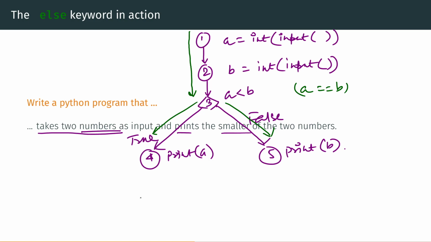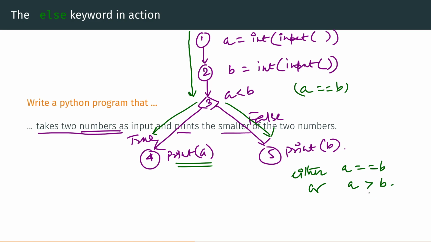Now just one quick note about the last point. If a is less than b is true, obviously we print a because a is the smaller number. If this is false, it can mean two things: either a equals b, or a is greater than b.